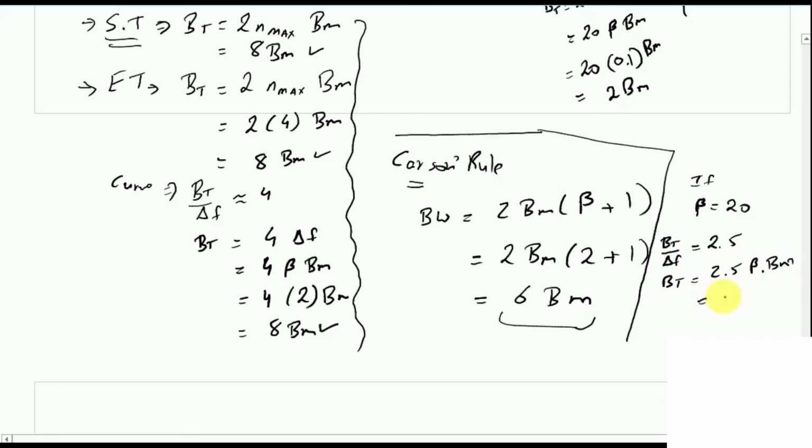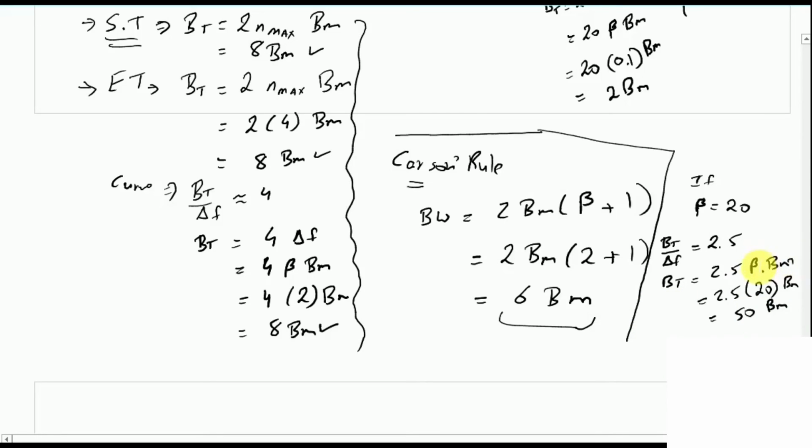So this is 2.5 times 20 beta m, and this is simply 50 beta m.